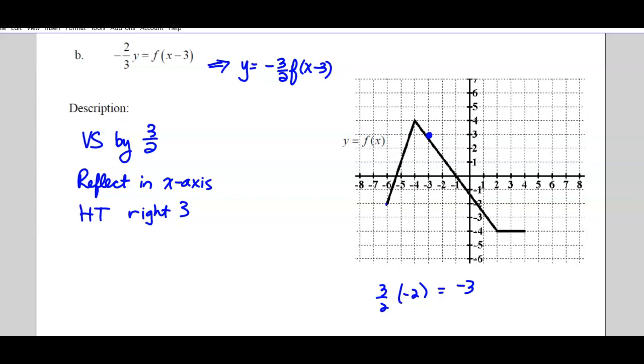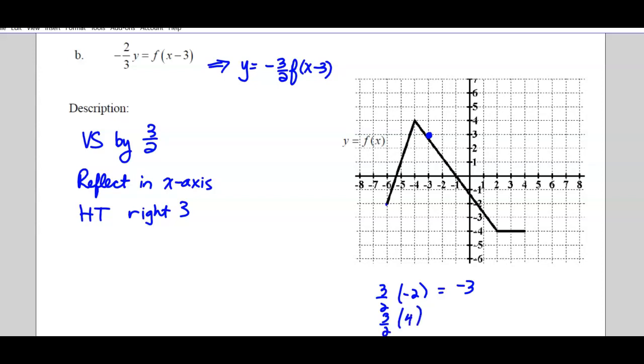Okay, so that is the image of this point. Now the next important point, you can do in between, but you don't need to. It's going to be a straight line. When you're doing a transformation, if you start with a straight line, it's still going to be a straight line. Okay? So this point here, what's the y value? It's 4. So now we're going 3 over 2 times 4.